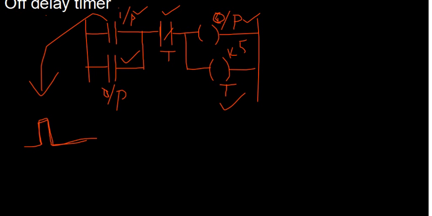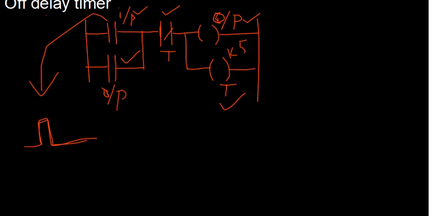Once the timer gets reset, your output is also going to get reset. So this is what is going to happen here. Now you will have the nature of the output something like this.